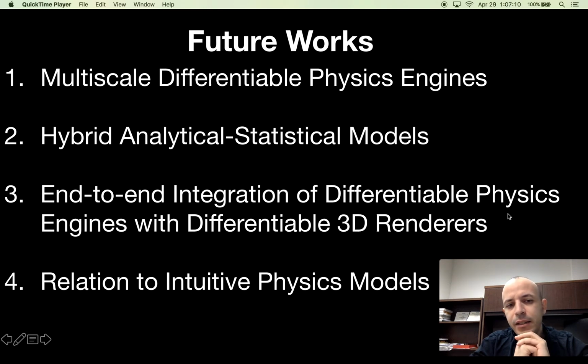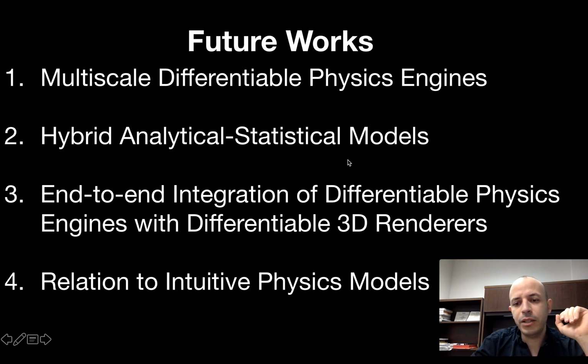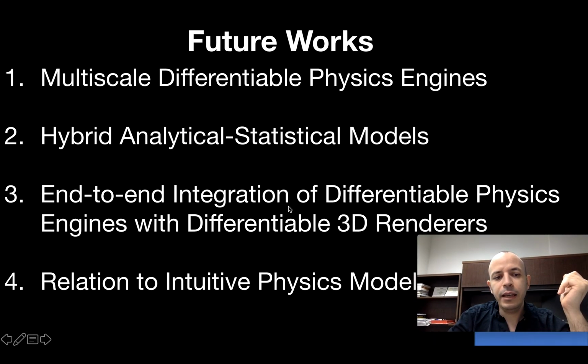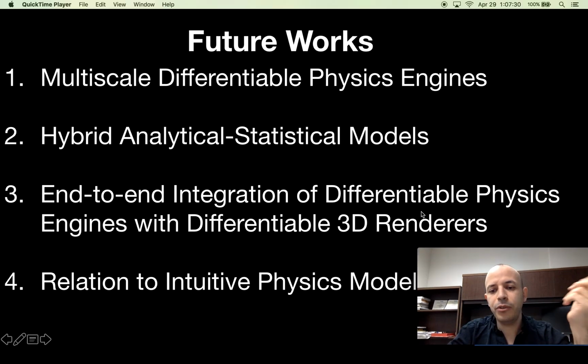The second thing is combining analytical models with statistical models, and I think that relates to this idea here of model identification using deep neural networks as providing prior models. And then the third point is using differentiable physics engines with differentiable 3D renderers. There is a lot of recent work on renderers that are differentiable, where you can calculate the derivative of the image with respect to the pose of the objects, and they are very time efficient.